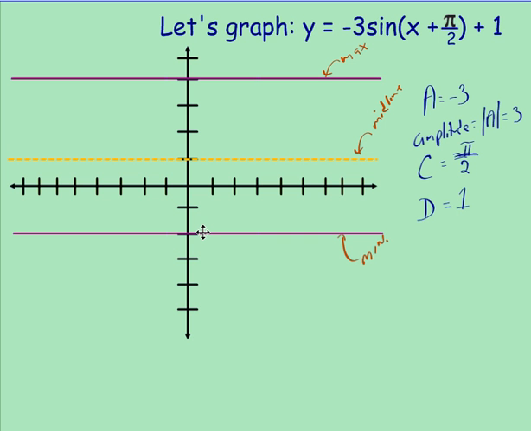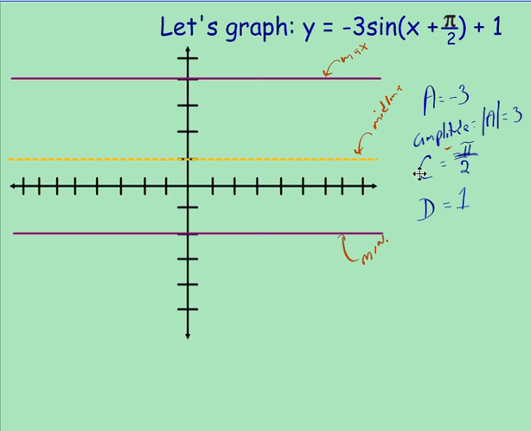Please remember that the maximum and minimum are always counted from your midline. So it's not just a positive and a -3. Notice that the minimum is actually at -2. It's 3 away from the midline.